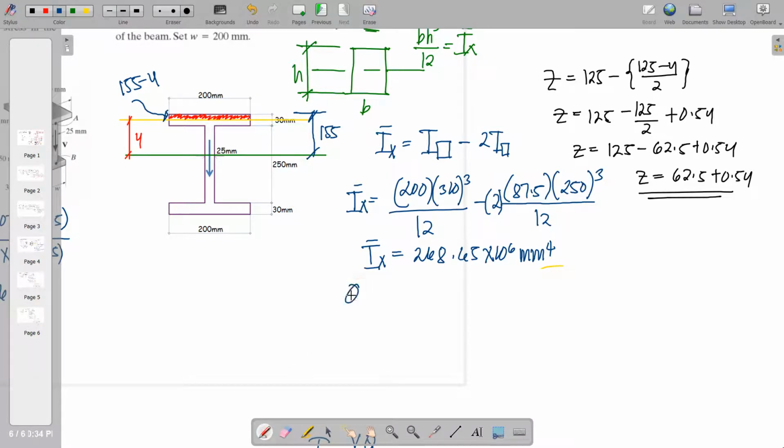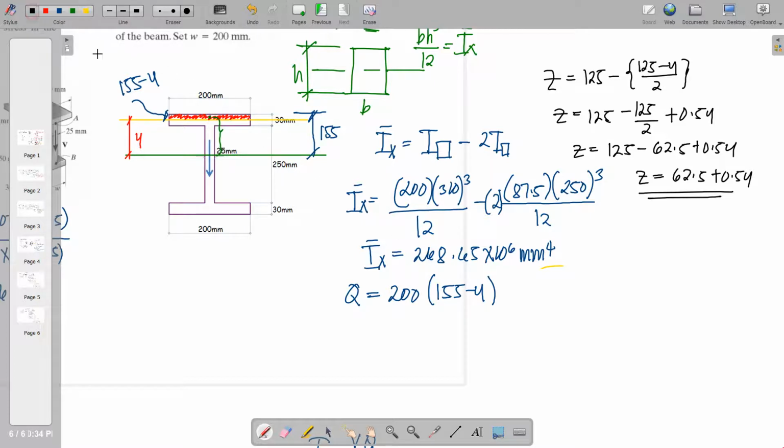See, the moment of area will just be focused on the shaded portion. That is 200 by the height, which is 155 minus y, and the distance of this centroid from the neutral axis shall be considered.